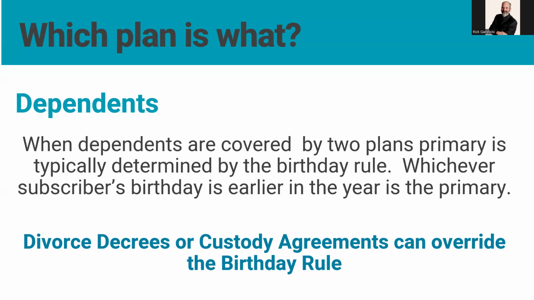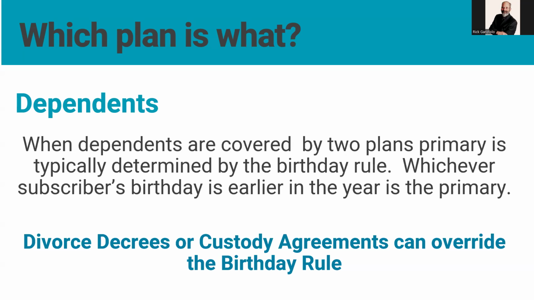Remember, the birthday rule is not which parent is older. It's which parent's birthday comes first in the calendar year. So February for a 35-year-old mom will be the primary over an August birthday for a 40-year-old dad. That's just the way it works.